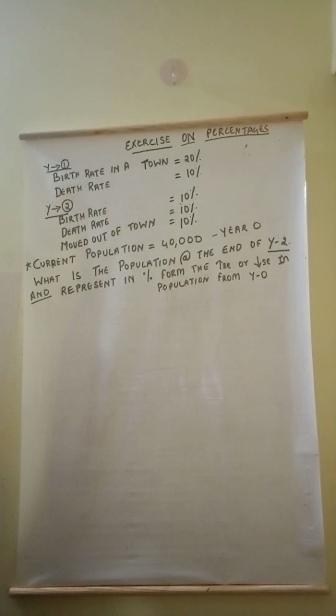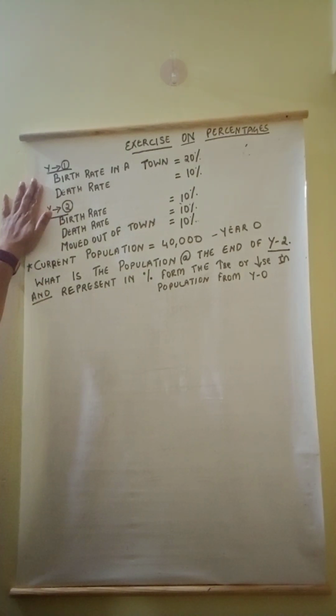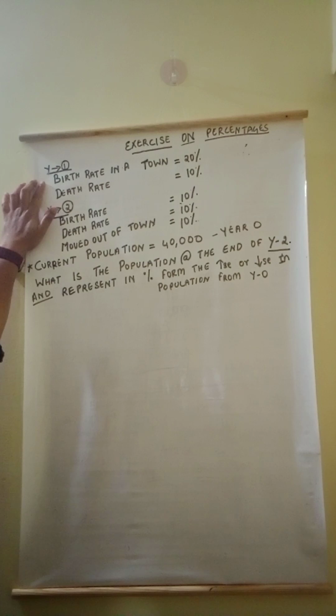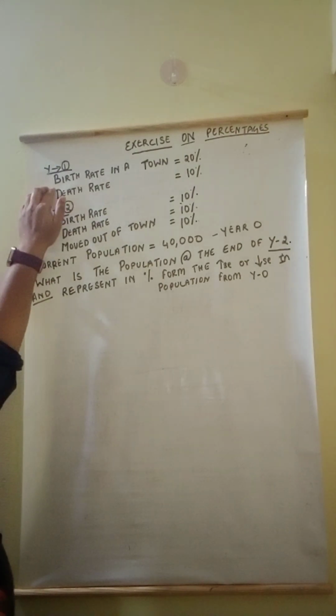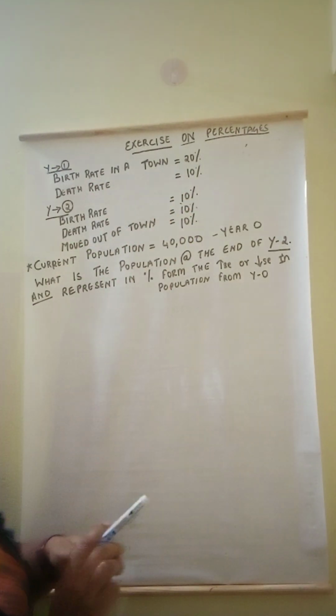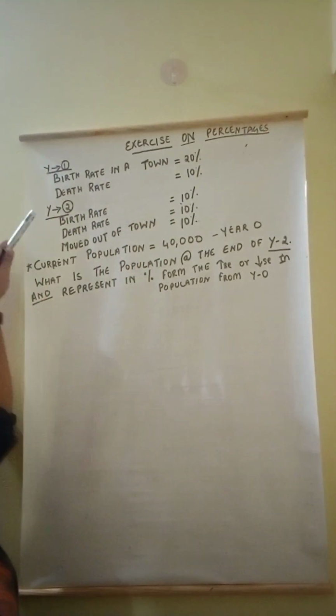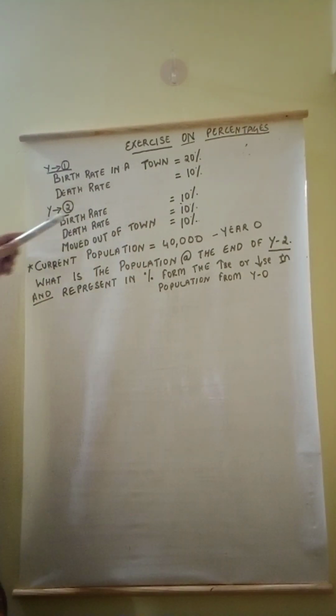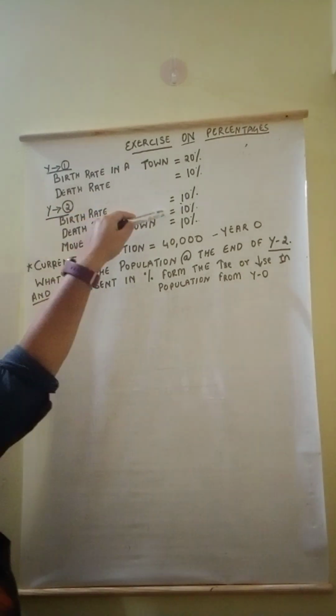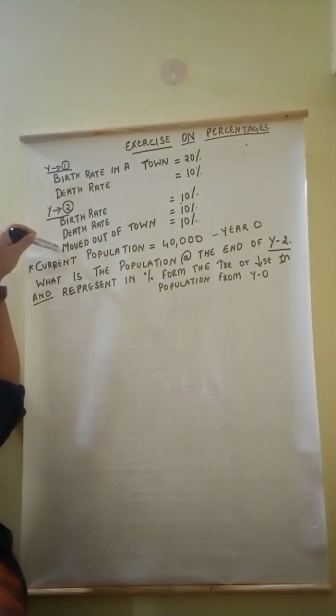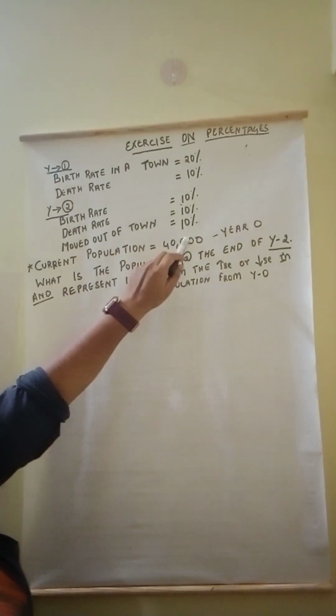So this is the question. Here they have told us that in year 1, the birth rate of a town is 20% and the death rate is 10%, and in year 2, the birth rate is 10%, the death rate is 10%, and the population that moved out of town is another 10%.